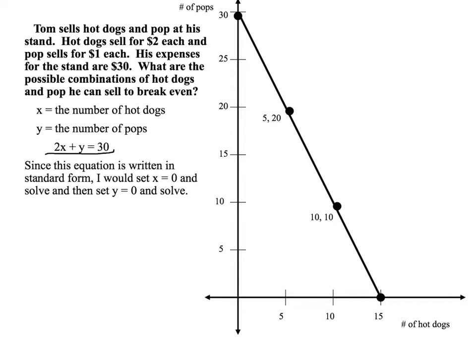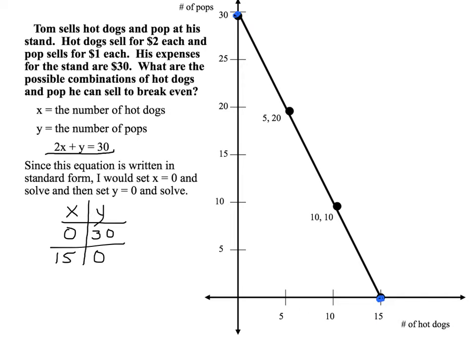Since it's written in standard form, I could set x equal to 0 and solve, and then set y equal to 0 and solve. So I'm going to set up a t-chart. If I let x equal 0, that means y would be equal to 30. If I let y equal 0, that means x would be equal to 15. You can see that I have plotted those two particular points, (0, 30) and (15, 0).